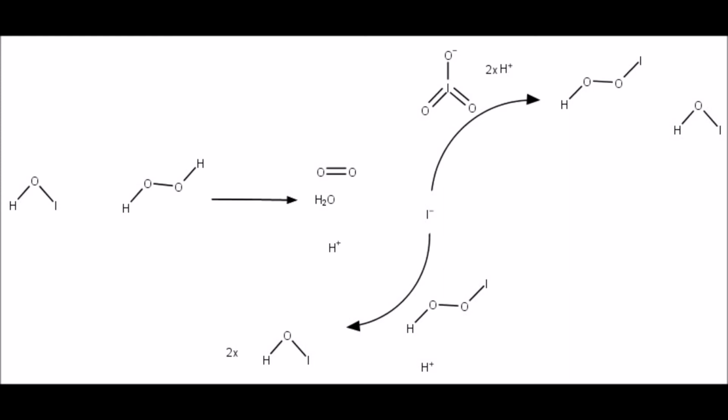So now this hydroxyiodide can react with hydrogen peroxide to form some iodide. Now this iodide is the key component that we need. Once we start forming that iodide, it can either react with some iodate to form more hydroxyiodide and peroxyiodide, or the iodide can react with peroxyiodide to form a lot more hydroxyiodide, allowing that to build up.